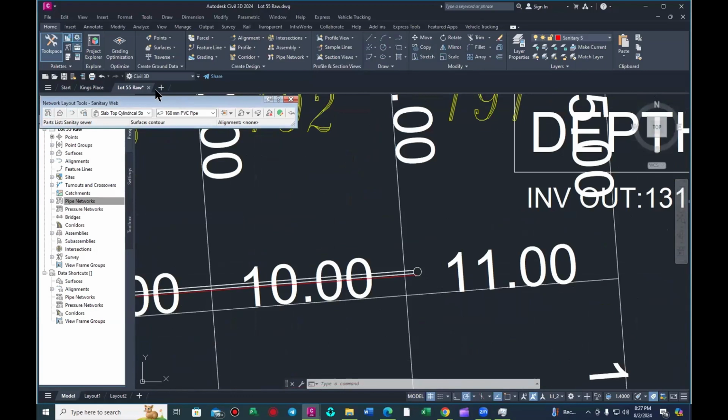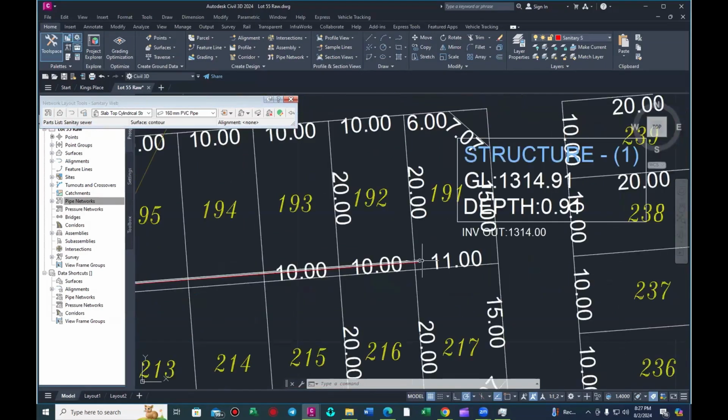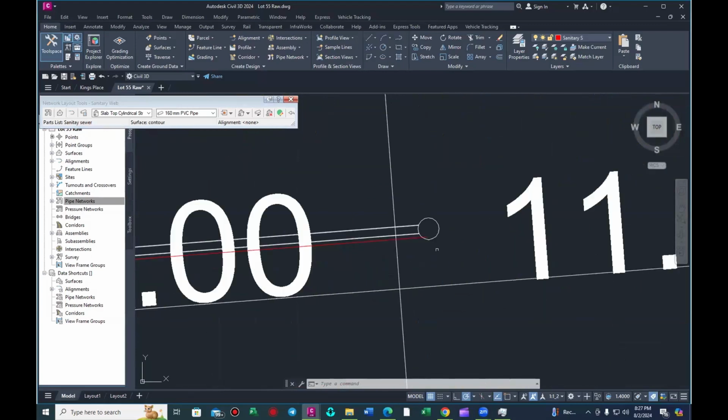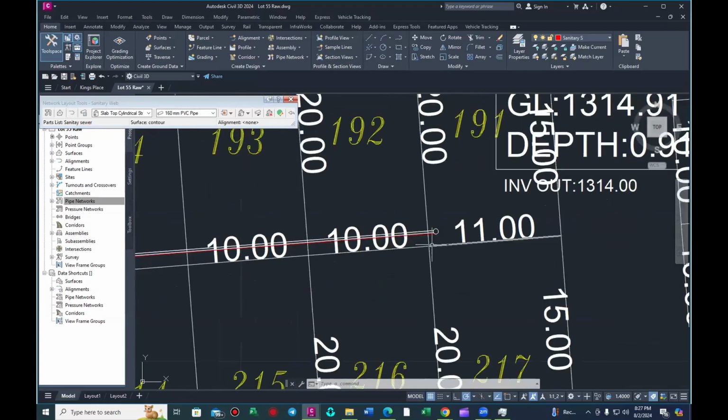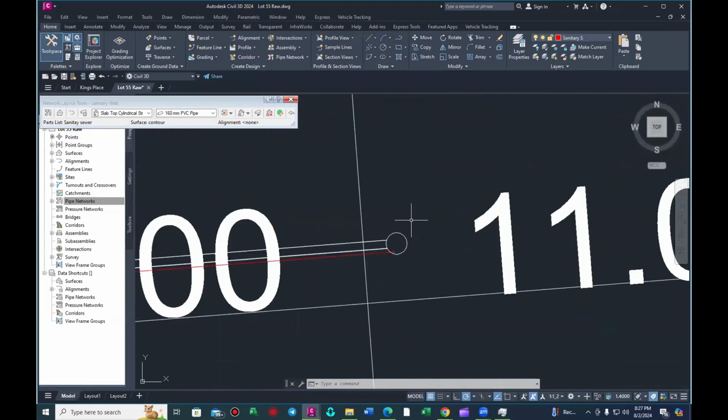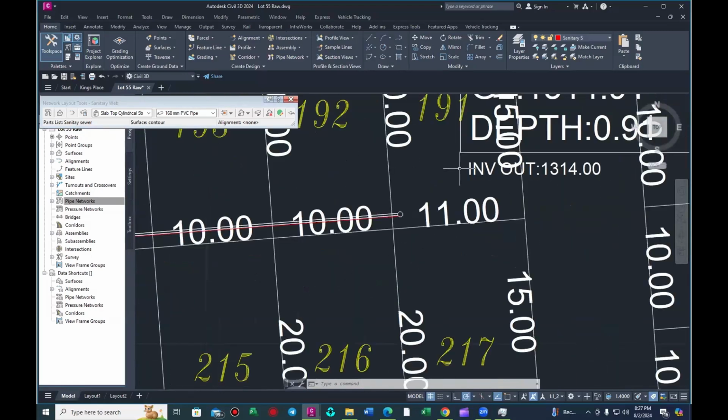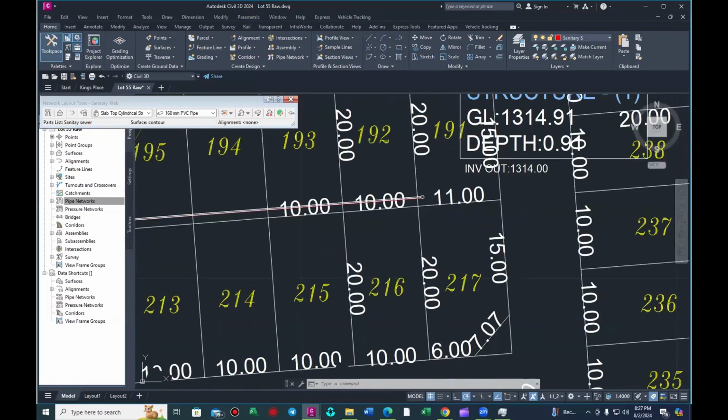No, I'm not going to make any changes to that. But anyway, I've got my structure details there that are showing the structure name. Let's just move it away from that. It's clashing a lot.